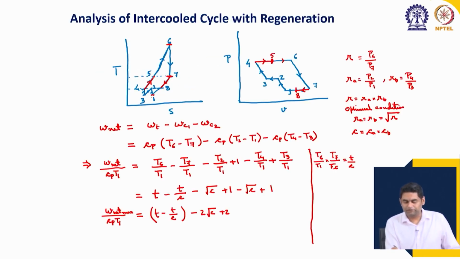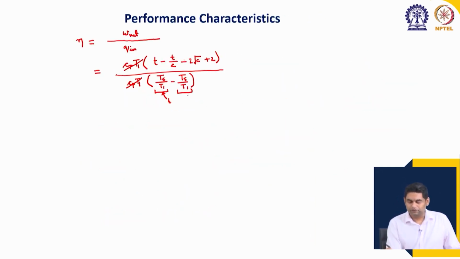For the optimal case, T5 is equal to T7, so this is same as T7 by T1, and T7 by T1 we have also seen is equal to T by C. So, the efficiency can be expressed as T minus T by C minus 2 root C plus 2 by T minus T by C.